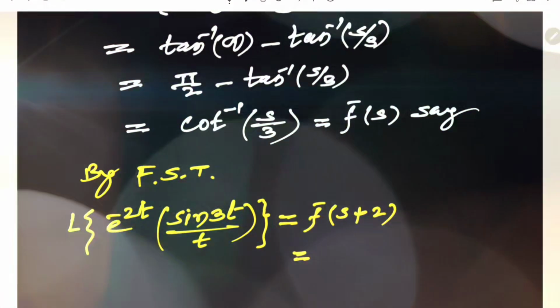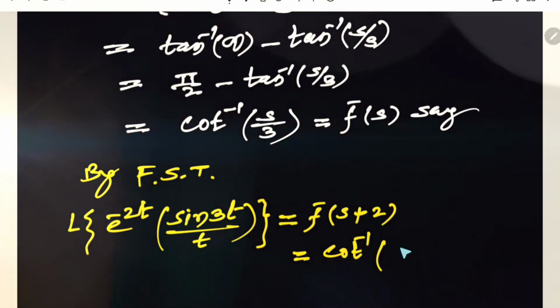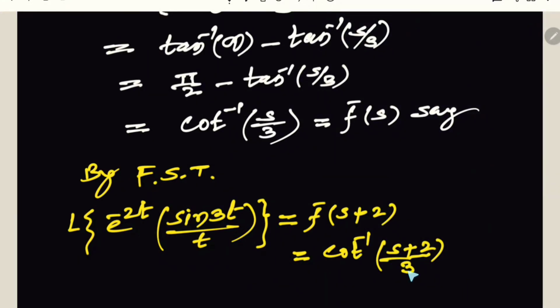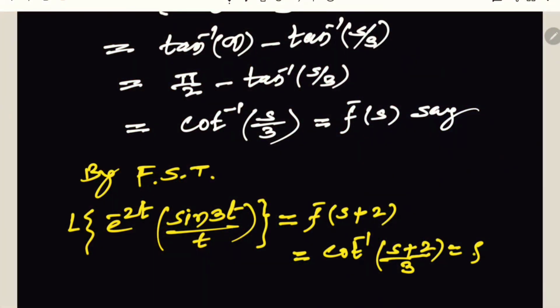Therefore, it is cot inverse of s plus 2 whole divided by 3, and we call this the new f bar of s.